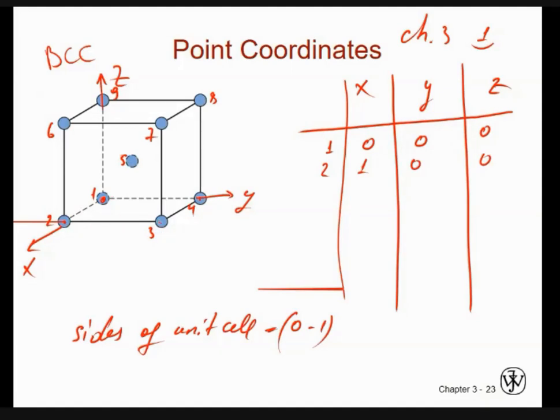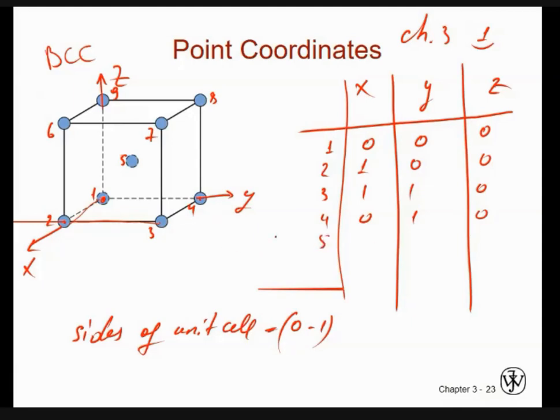For number 3 over here, let's say I am at the origin, how can I move to this atom 3? If I move 1 in x direction and 1 in y direction, I am there. So it will be 1, 1, 0. For atom 4, x will be 0, y will be 1, z will be 0.